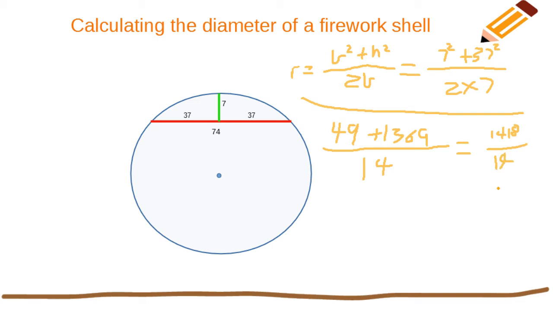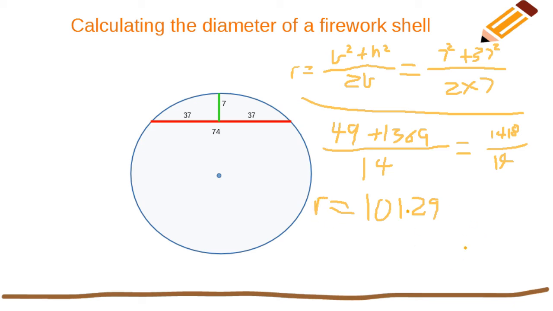Now, if we ask Google what that equals. Okay, Google, what's 1,418 divided by 14? So the answer to this would be approximately 101.29. And that's what R equals.